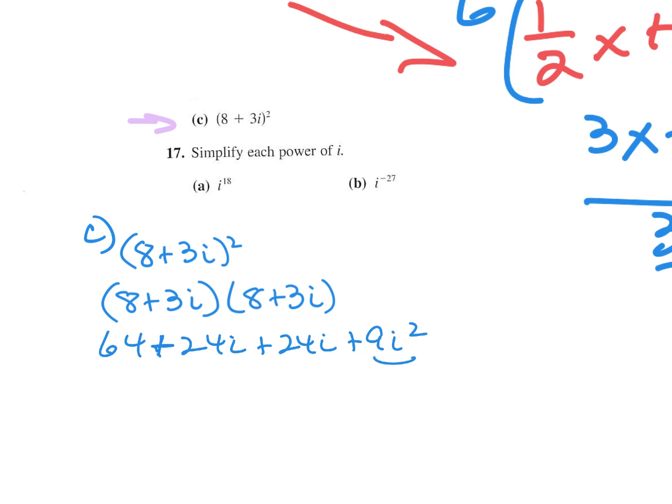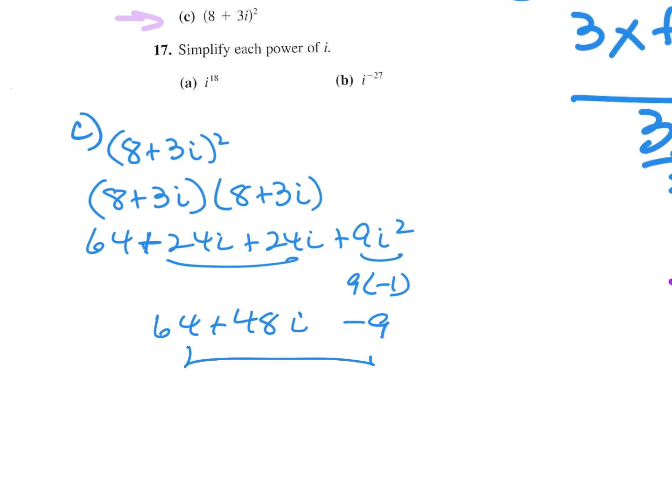So I need to take care of the 9i squared. That'll become 9 times negative 1, which is going to give me negative 9. I'm also going to add the middle. I get 48i, and then I have the 64. I can also still combine my like terms here, and 64 minus 9 is 55 + 48i.